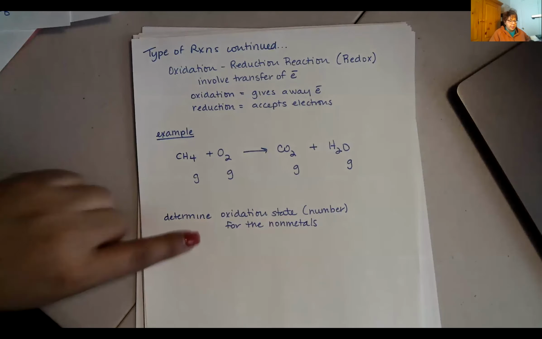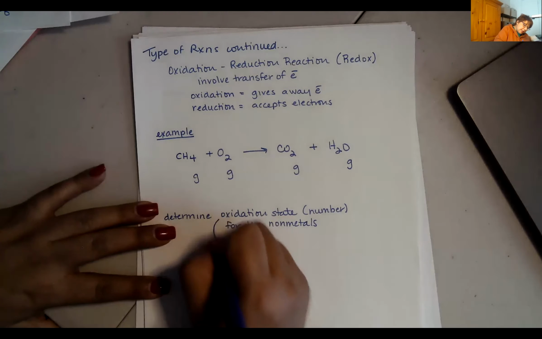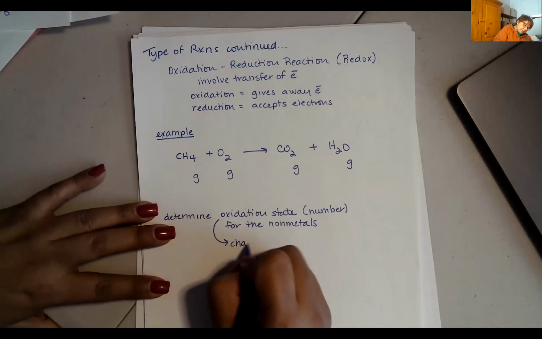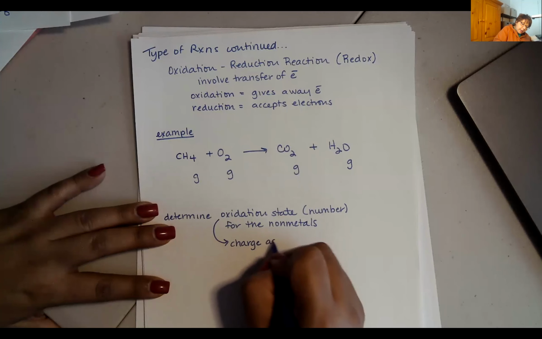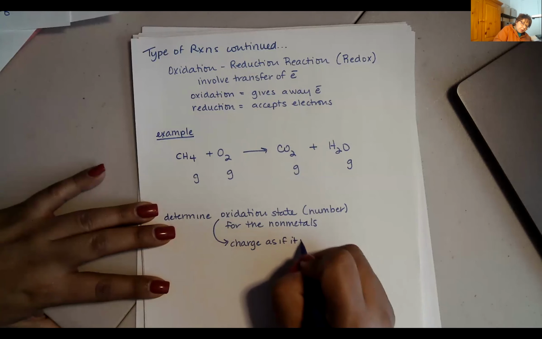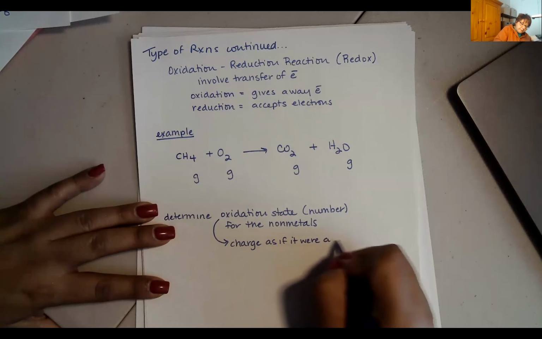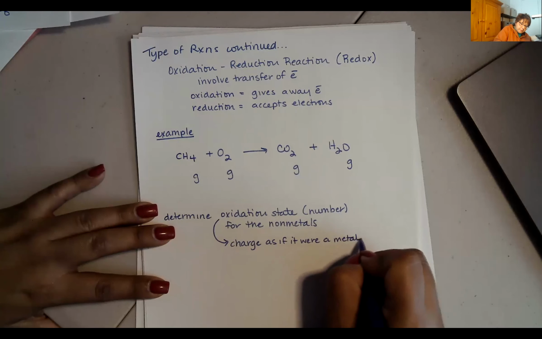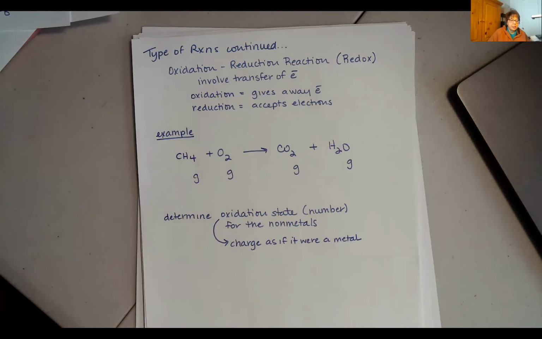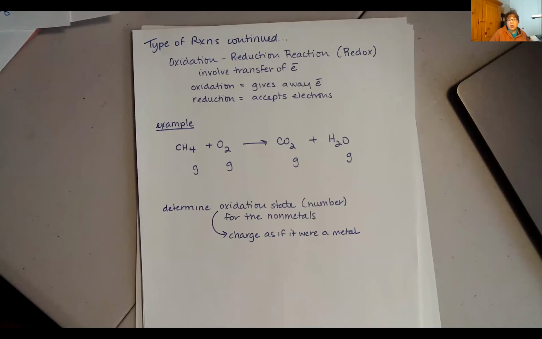And what the oxidation state or oxidation number is, that is the charge as if it were a metal. The charge as if it were a metal. And you actually already know a lot of these already, but there are a few rules.